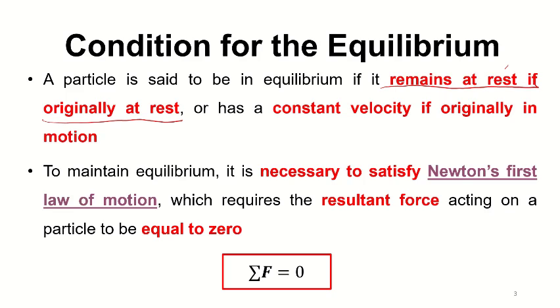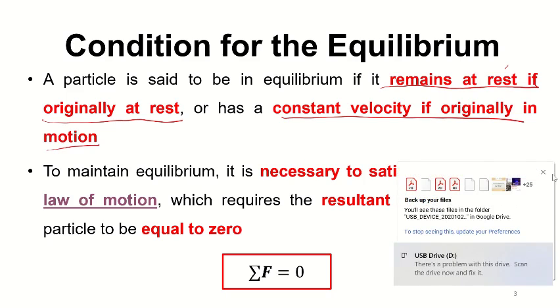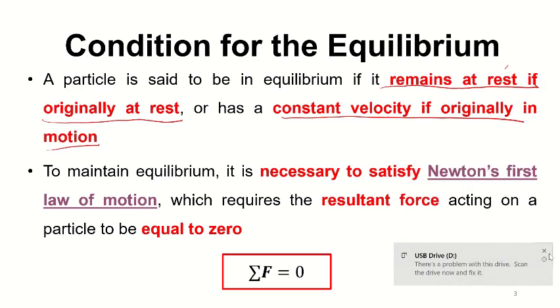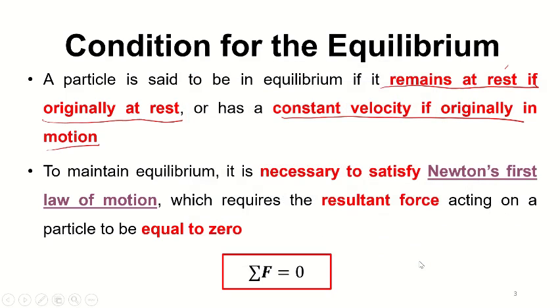Not only that, a particle is also in equilibrium if it has a constant velocity when originally in motion. So in mechanics, there are two types of equilibrium. If the particle is originally at rest and remains at rest, then we say the particle is in equilibrium.